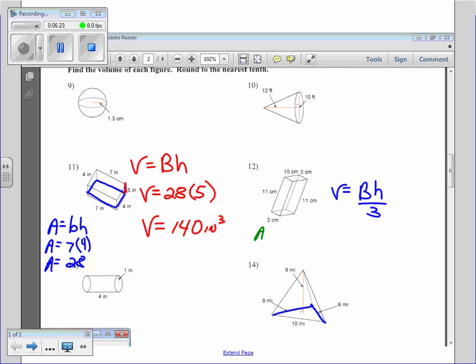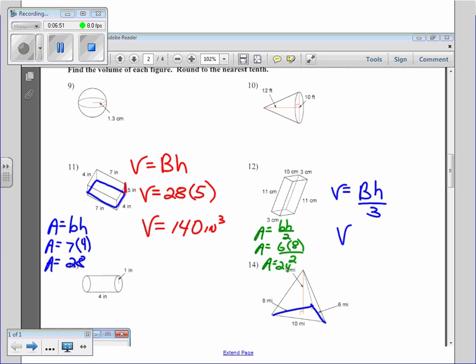So the area of the triangle is base times height divided by 2. So my area is going to be, well, my base and my height form the right angle. So 6, all of that times 8 divided by 2. So my area is going to be, well, 6 times 8 is 48. 48 divided by 2 is 24. So I found that to be 24.